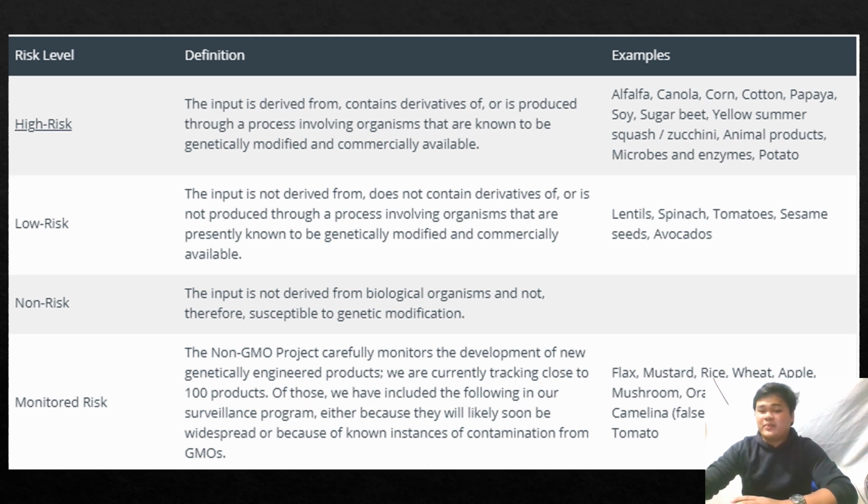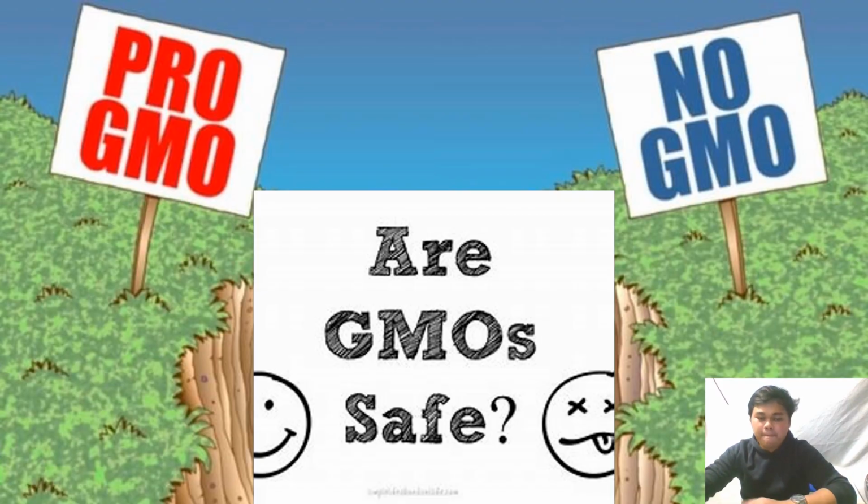Examples of this are flax, hay, mustard, rice, wheat, apple, mushroom, orange, pineapple, camelina, false flax, sugarcane, and tomato.